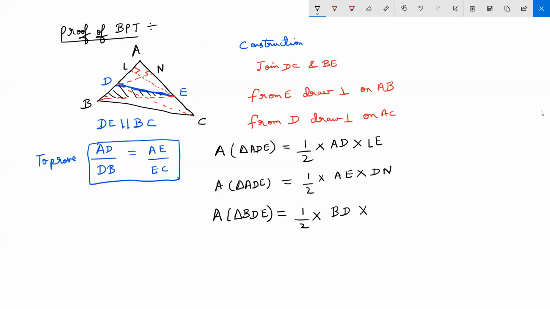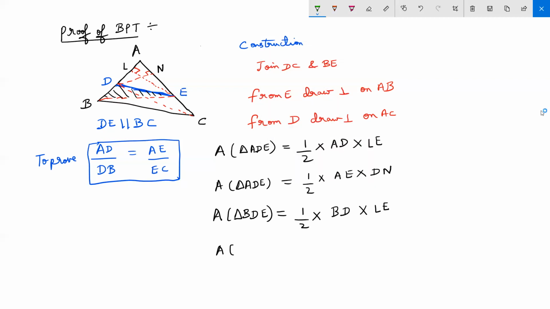So naturally, what will be its height? The perpendicular from E over AB will be EL. So that will be its corresponding height. Is it clear? So in this way, you can write down the area of triangle BDE.